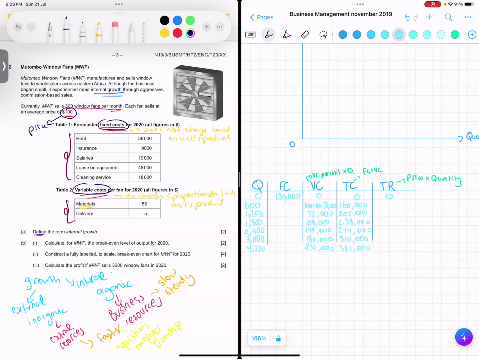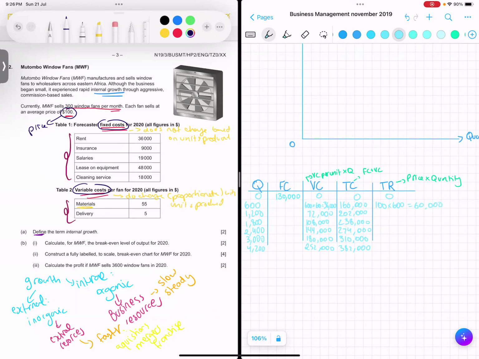Then we have to end up multiplying the price by the quantity. So here the price is 100, right? So 100 times 600. Okay, so this is easy. So this is just like 60,000, I guess. Yeah. So 60,000. I forgot a zero. 60,000.